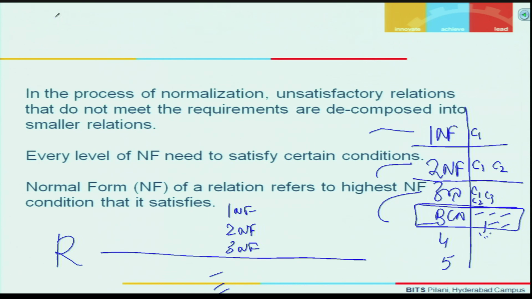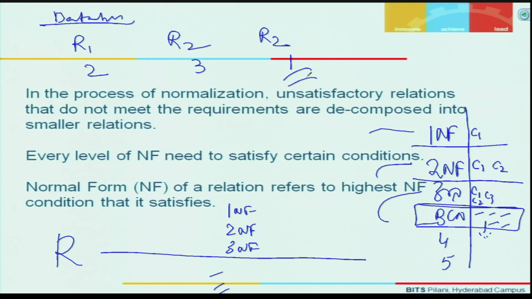Similarly, if I have a database which has relations R1, R2 and R3, and R1 is in second normal form, R2 is in third normal form and R3 is in 1NF, then I can say that the highest normal form satisfied by the database itself is going to be 1NF, because for the database to be called third normal form, the highest normal form satisfied by all the relations must be 3NF.